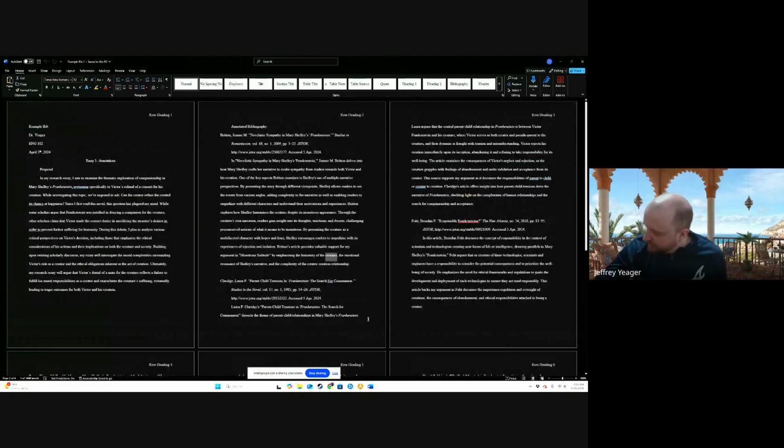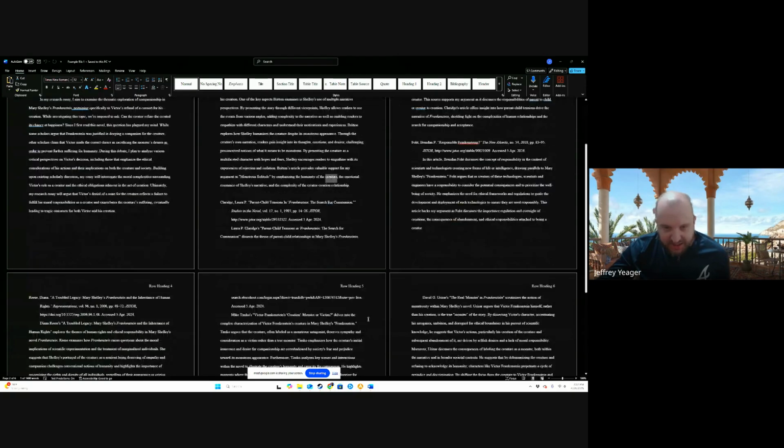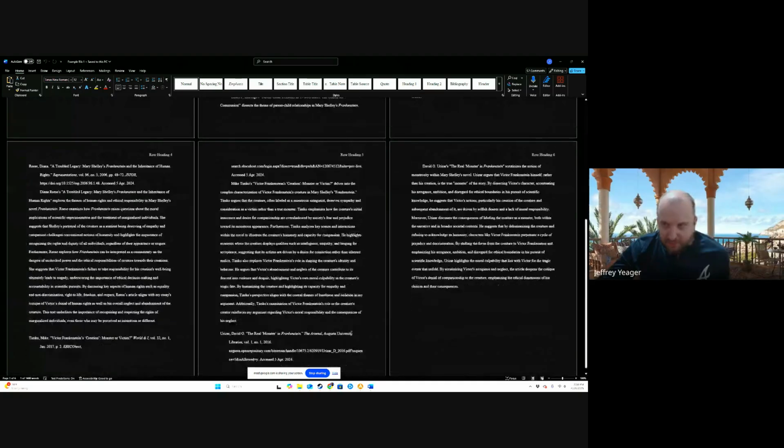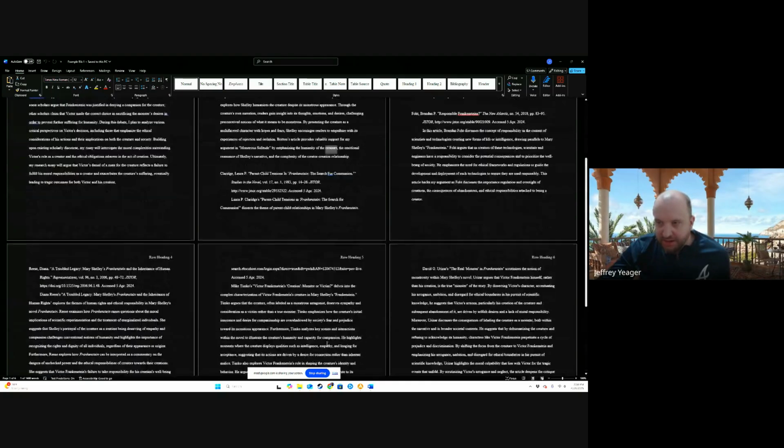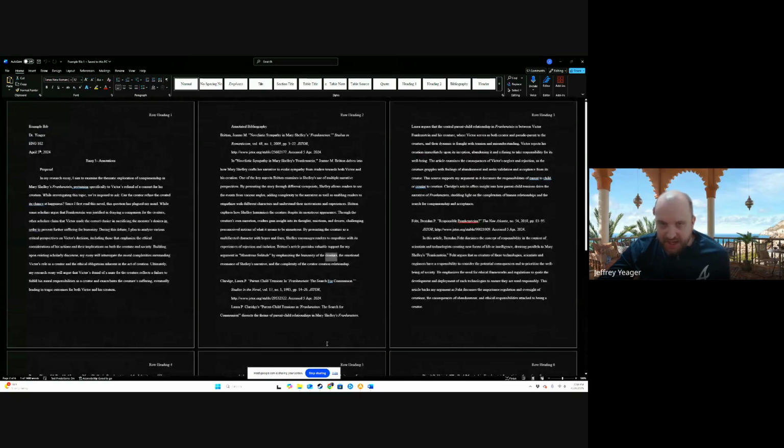This person happened to double space theirs. Makes it look a little longer than maybe what it would be otherwise if you single spaced it. So this is exactly what it looks like.